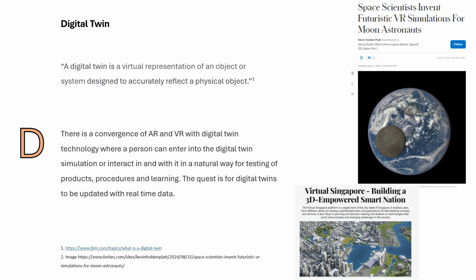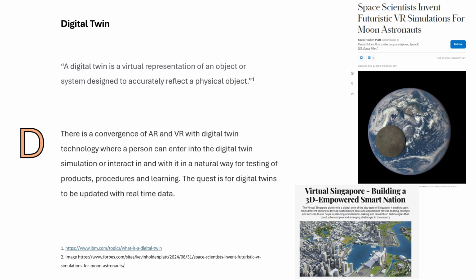D is for digital twin. Now, this is a really interesting concept. Of course, we've tried to replicate real-world environments or historically accurate environments in virtual reality for a long time, but this is a really interesting idea that you have very accurately represented physical objects or things in the world in these environments, and that these representations or these types of twins are updated with real-time data, so that they change and adjust according to data that's collected and put into them.